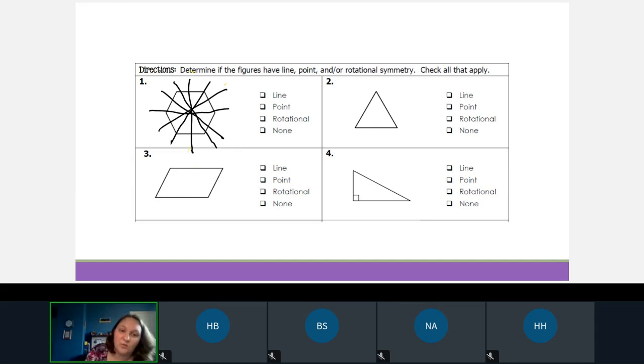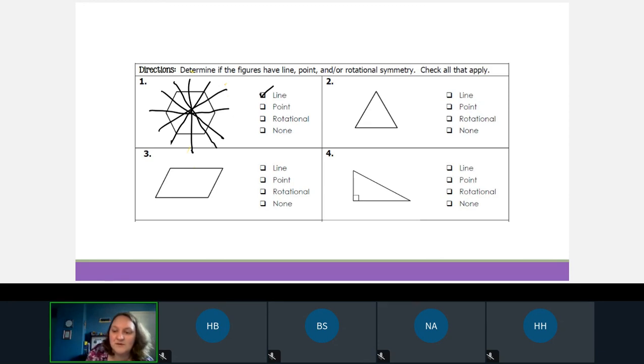We really only needed one to say it had line symmetry. But it's possible that the question would ask, how many lines of symmetry does it have? How many lines of symmetry do you think this thing has? And you can type it in the chat.